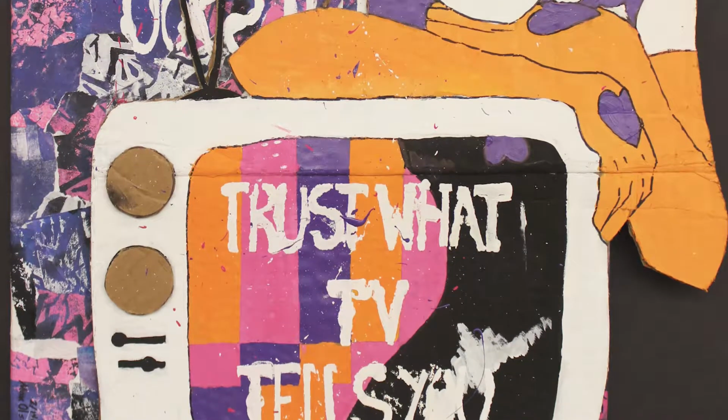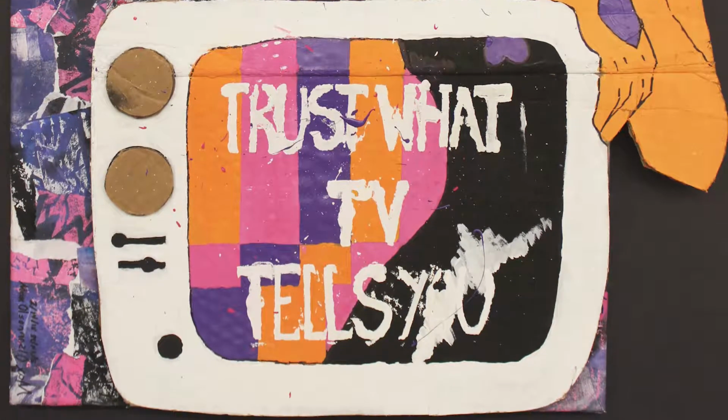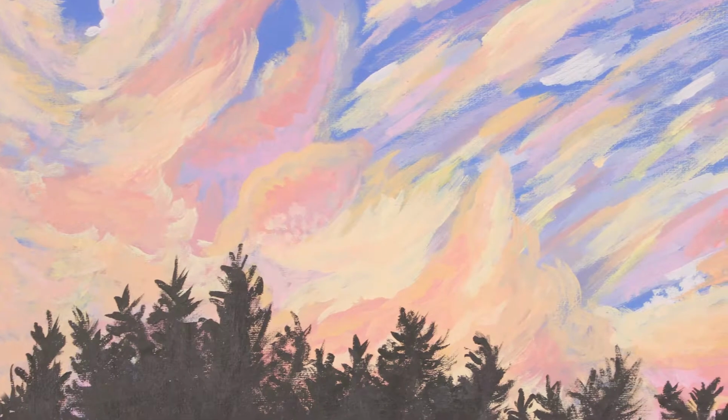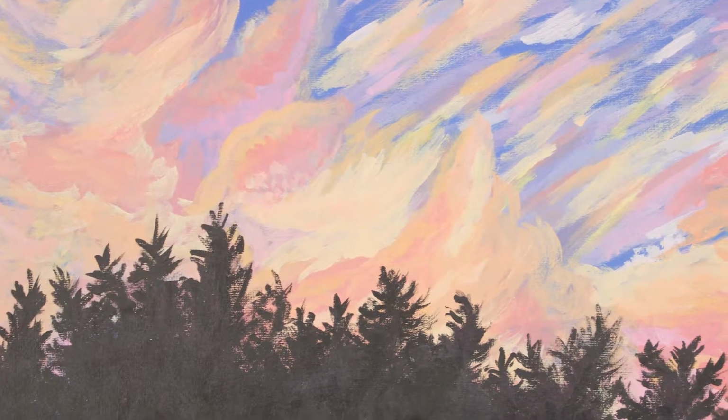So beside that, I wanted to talk about the process for applying to art schools and how to build a portfolio for yourself. And I'm also going to show some examples of pieces that I included in my portfolio just to give you a general idea of what your portfolio might look like.